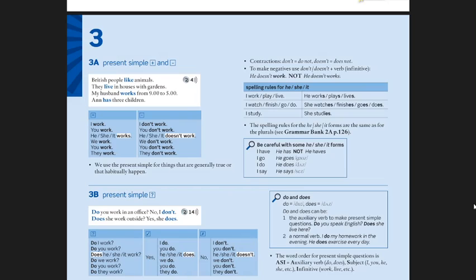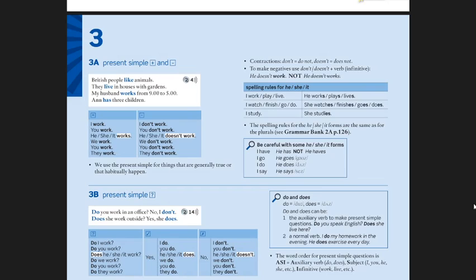To make negatives, we use don't or doesn't, and the verb is in infinitive. We use do or does in the interrogative form, and in the negative form, don't and doesn't, depending on the subject, okay?